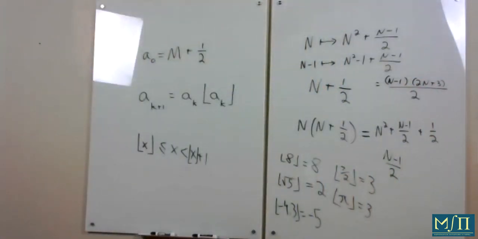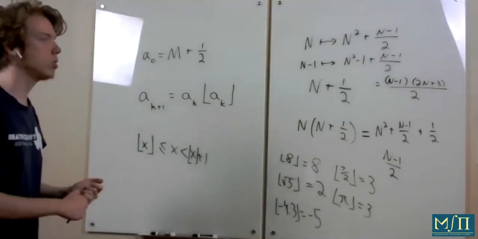And now what does this mean? It means that there's this relationship because we're always dividing by 2.